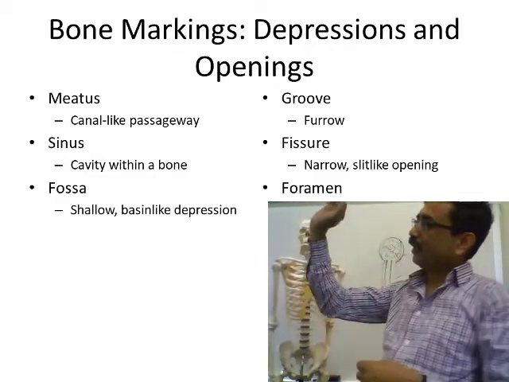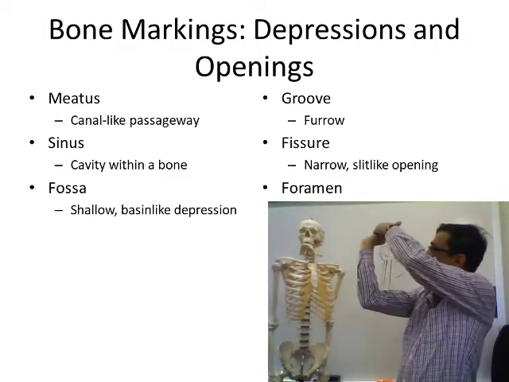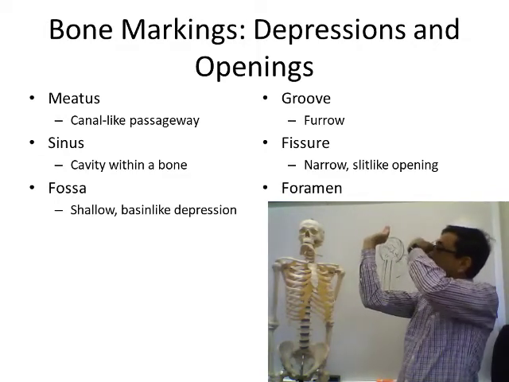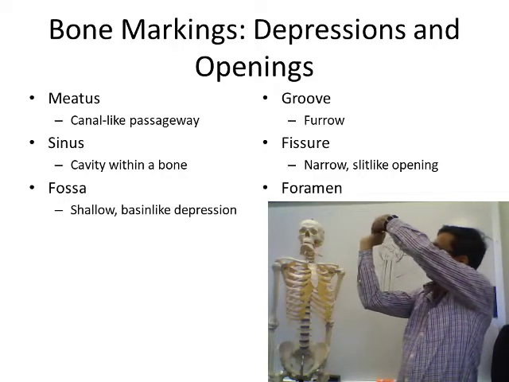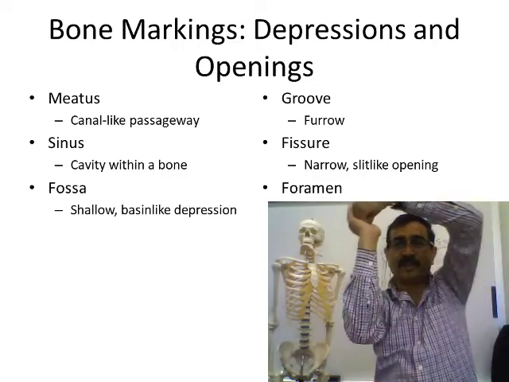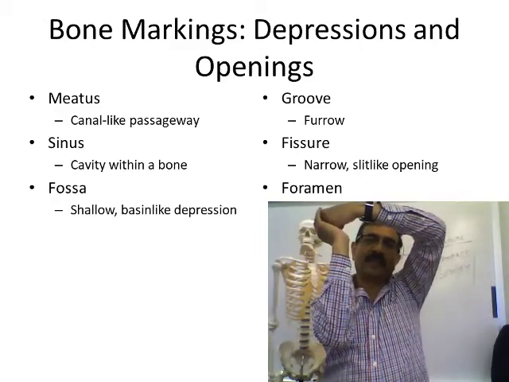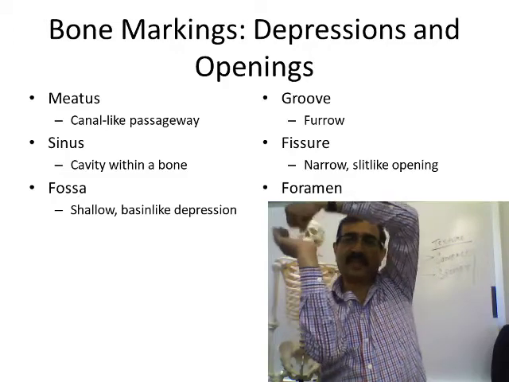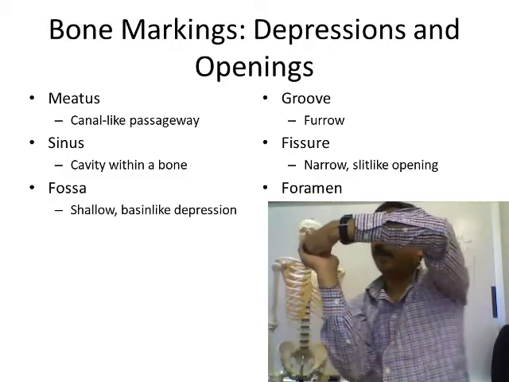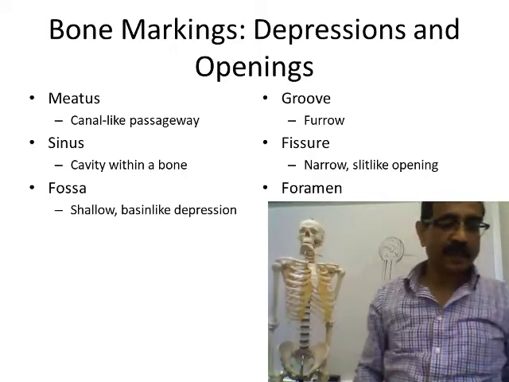For example, there is a fossa in the sphenoid bone called the hypophyseal fossa. You will see that when you study the bones. The hypophyseal fossa contains the pituitary gland, a very important master gland, you know that, sitting in that fossa. Pituitary is also called hypophysis. That's why it is called the hypophyseal fossa, to hold the pituitary gland there, like this. Okay.